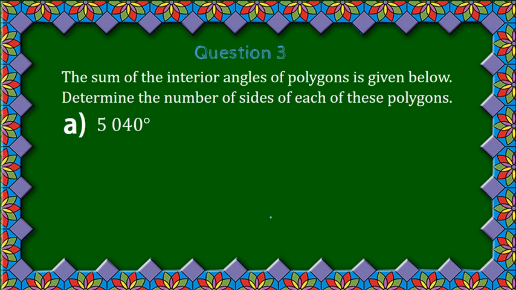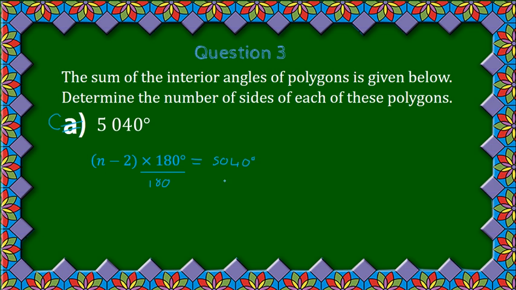Now for question 3, so this one is then question 3c. Same question. We want to find how many number of sides we've got. So once again, this is the sum of the interior angles, so I can just equal it to my formula in terms of n, 5040, and solve for n once again.